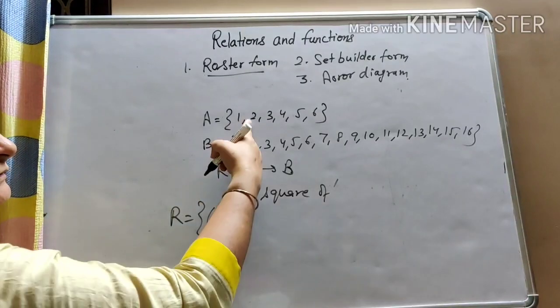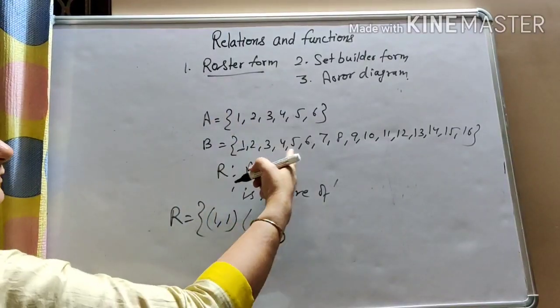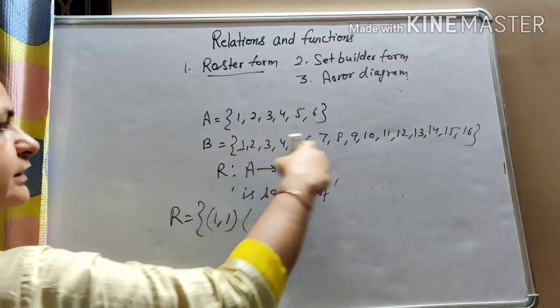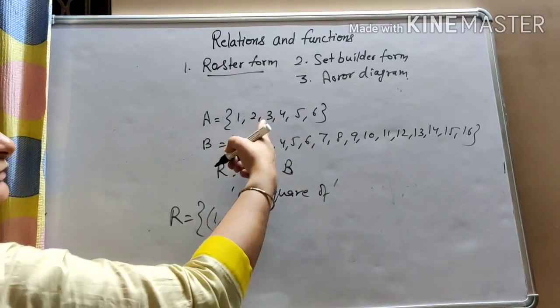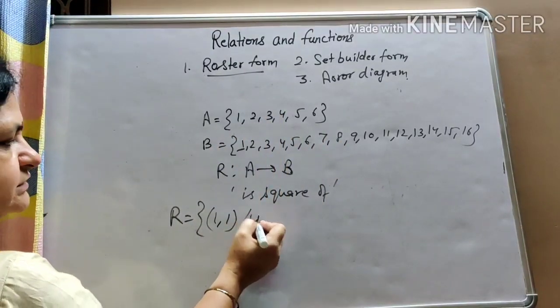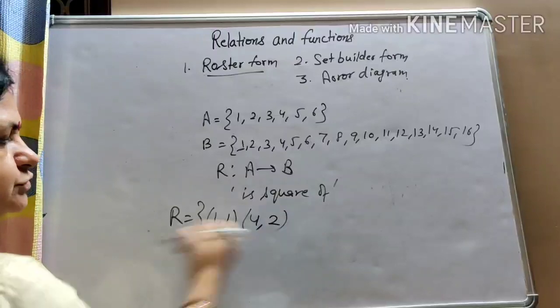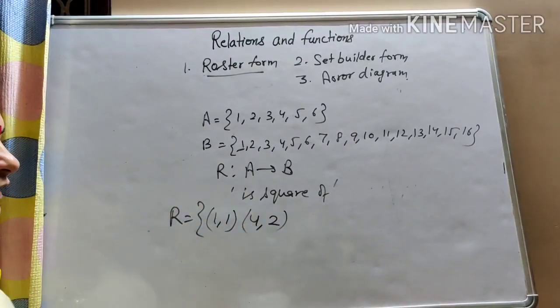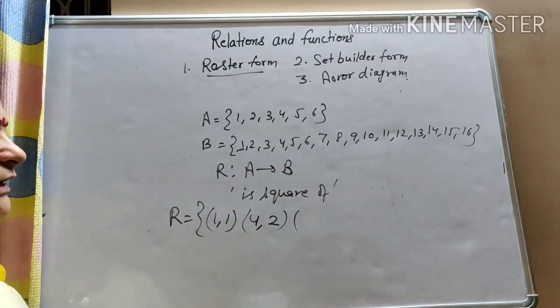Now, 2 is the square of root 2. So here we don't have 2. 3 is the square of again root 3, and we don't have root 3 in any set. Now 4 is the square of 2. Now 5 is the square of again root 5.